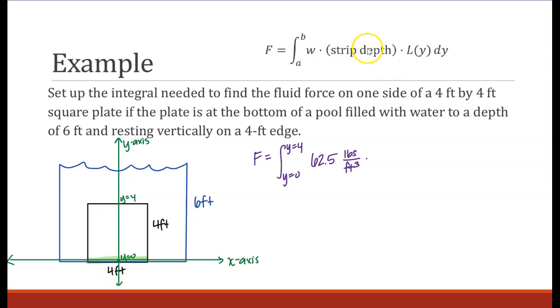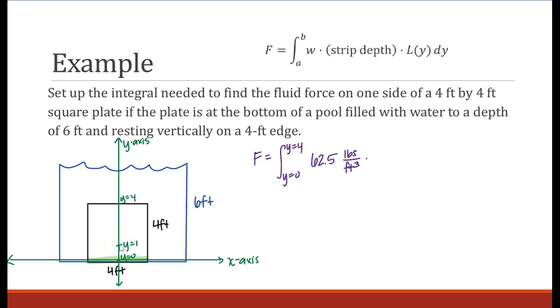So when we talk about strip depth, it's from the surface of the water. So that first depth is 6. And now let's say I move up to y equals 1. Then what is the strip depth now? Well, it's the surface of the water, 6 feet high, minus 1. So it's going to be 5 feet deep.